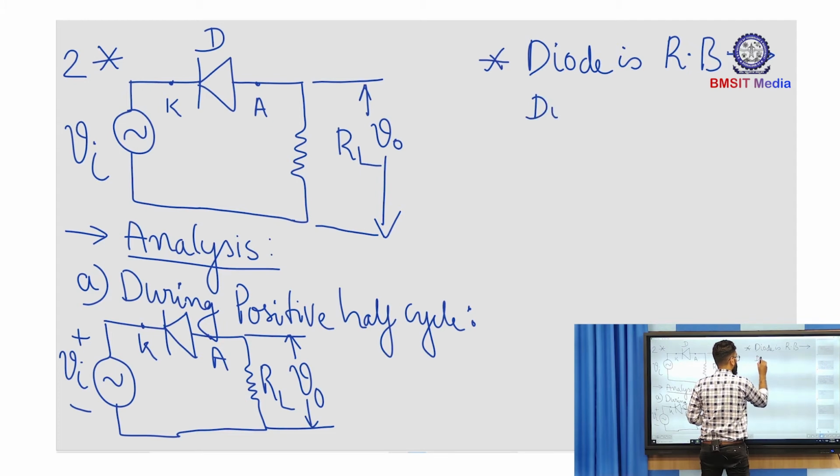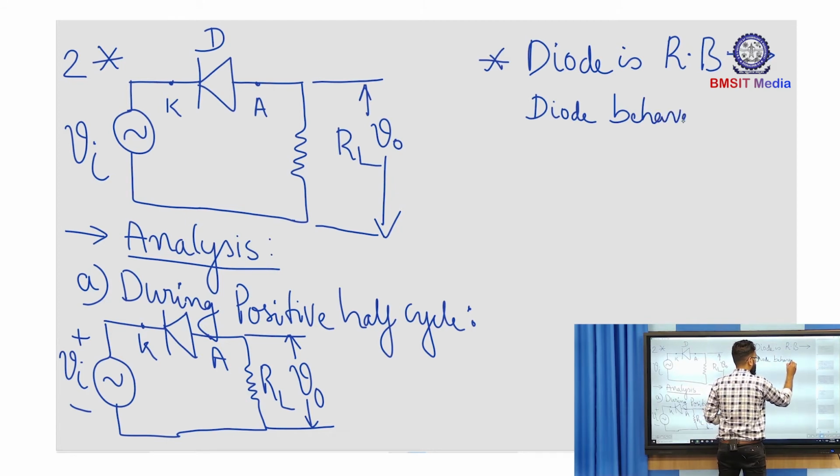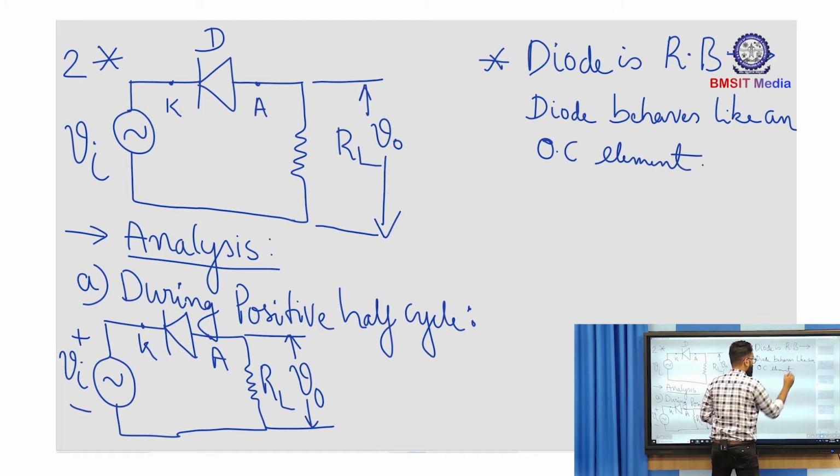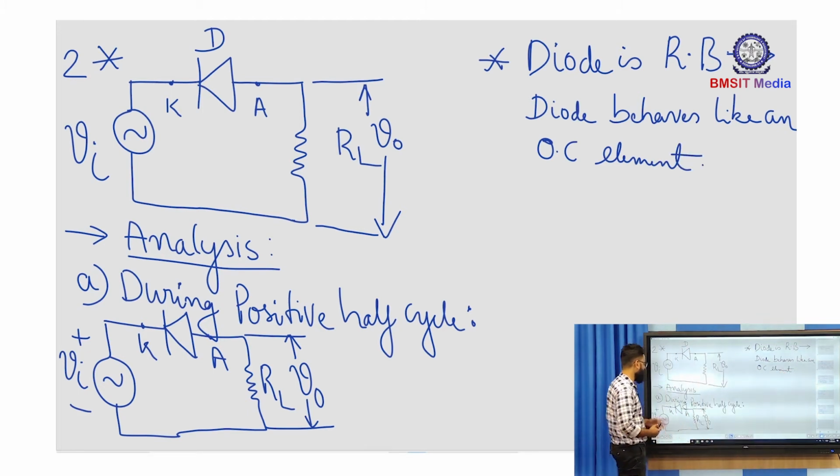the diode behaves like an open circuit element. So what do you mean by open circuit element? It is something like as though this diode is not present at all.